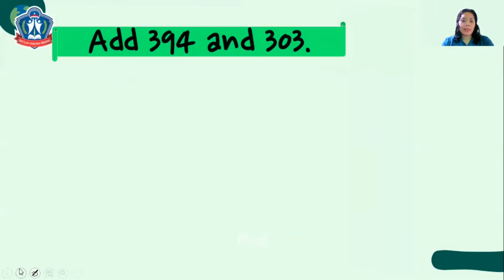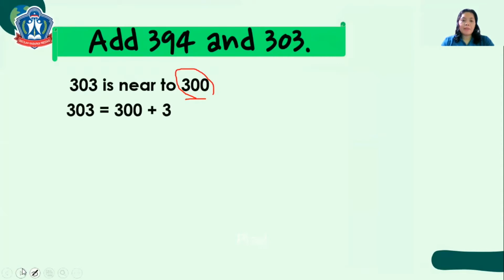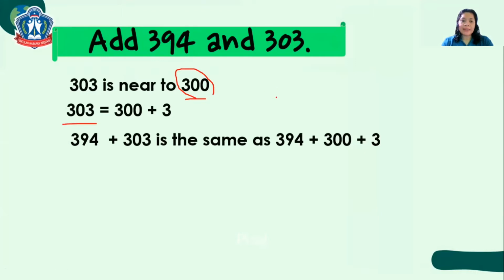Another, let's add 394 and 303. 303 is near to 300, so we can use 300. Because if we add 3 to 300, that is equal to 303. So this problem will look like this: 394 plus 300. Instead of using 303, then later we will add 3 at the end.